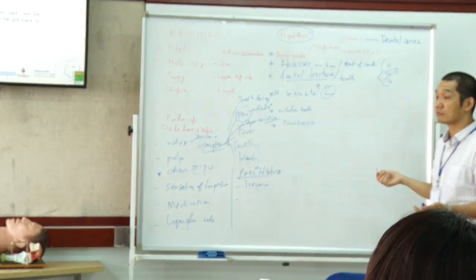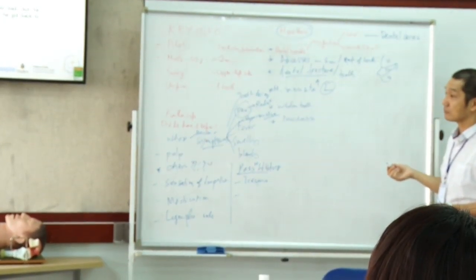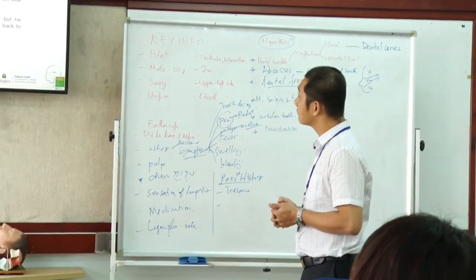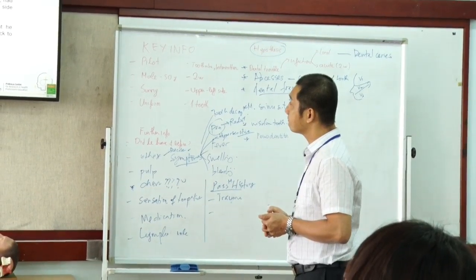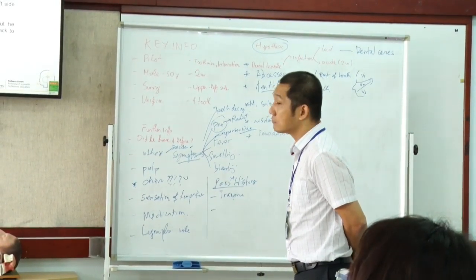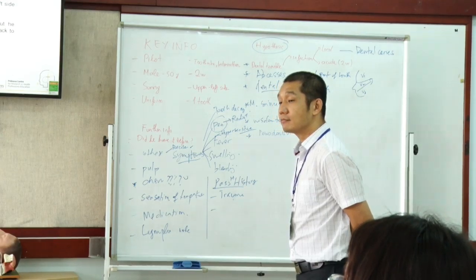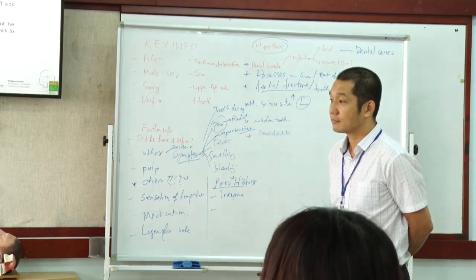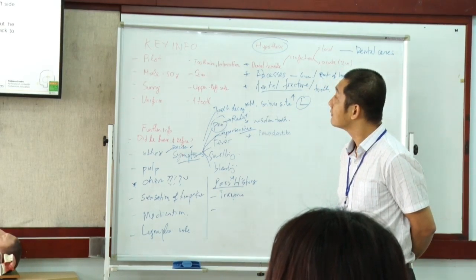What else do you think fits this picture? Think about what he's saying. The toothache is intermittent. It happens now and then. What does that suggest to you might be a likely cause? You have a bit of pain and then it goes away.